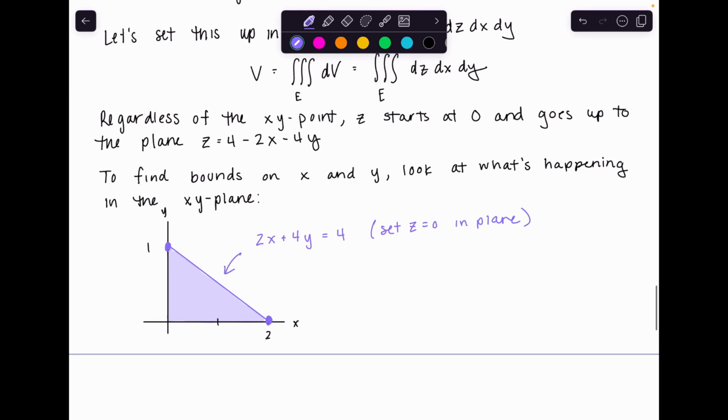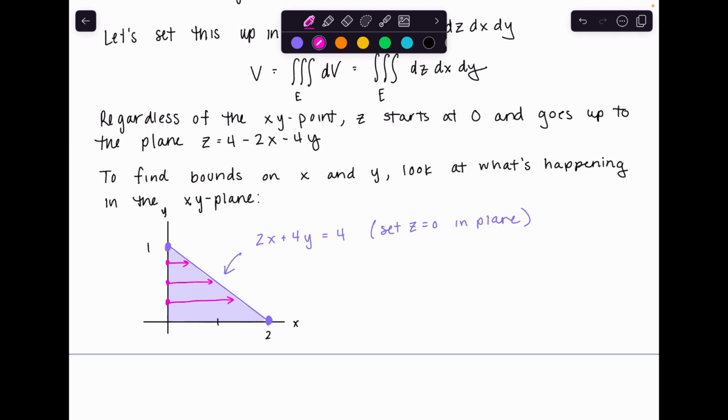Because of our order of integration, we're doing x first, then y. So y is going to have the constant bounds, which are 0 to 1. I need to figure out what x is changing between. Regardless of the y value you pick, your x is always starting at 0 and going to the equation of this line.